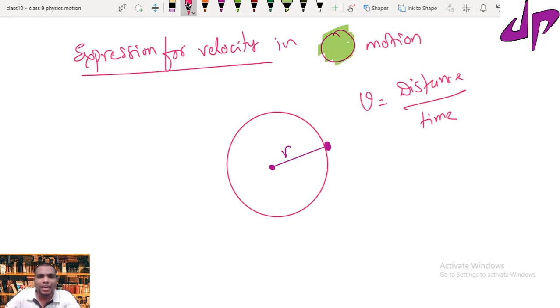If we cut the circle and put it flat, that total circular part is what we call the circumference.